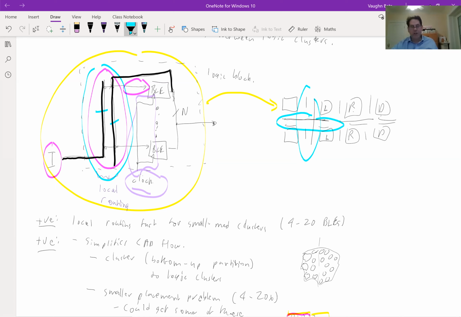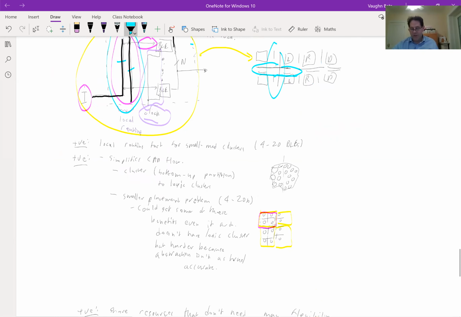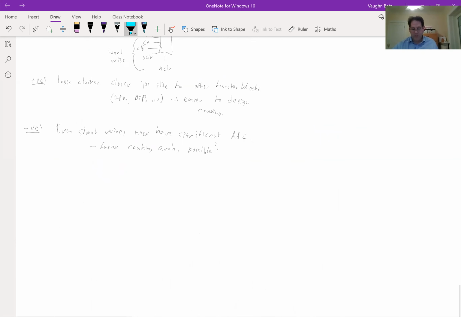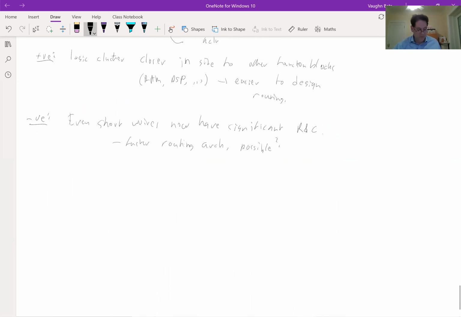And Xilinx is going the exact opposite way, saying they have to make the logic cluster bigger because the island style routing in between faces challenges from resistive and capacitive scaling. But anyway, we'll read a couple of papers on that towards the end of the course, and you can draw your own conclusions about what all of that means for the future.